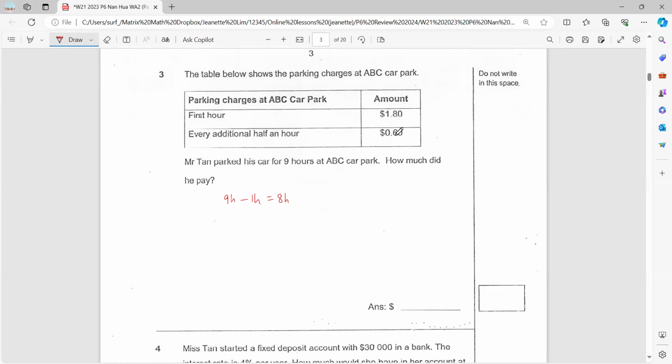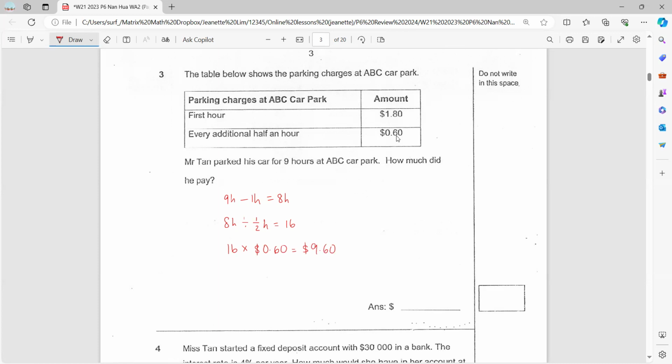So how many half hours are there in 8 hours? 8 hours divided by half an hour. 8 divided by half gives us 16. Not 4, but 16. 8 divided by half is 16. So there's 16 times 60 cents, which is $9.60.